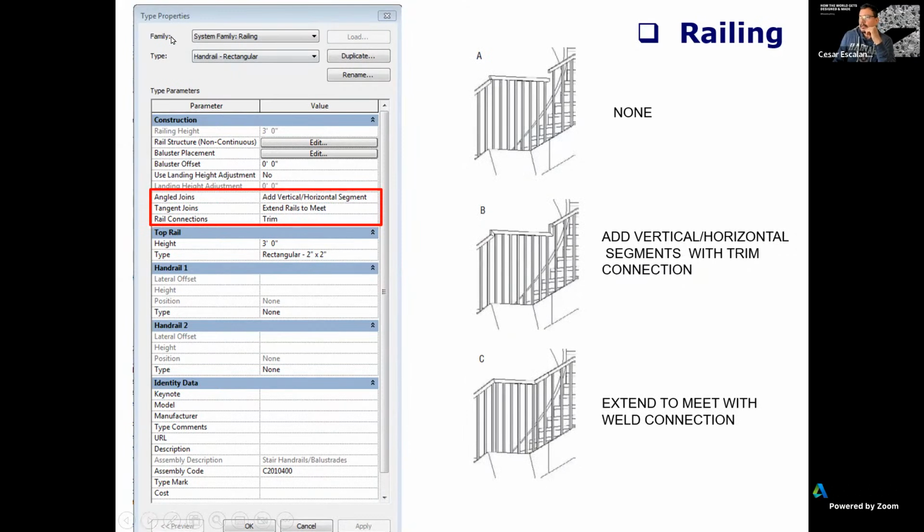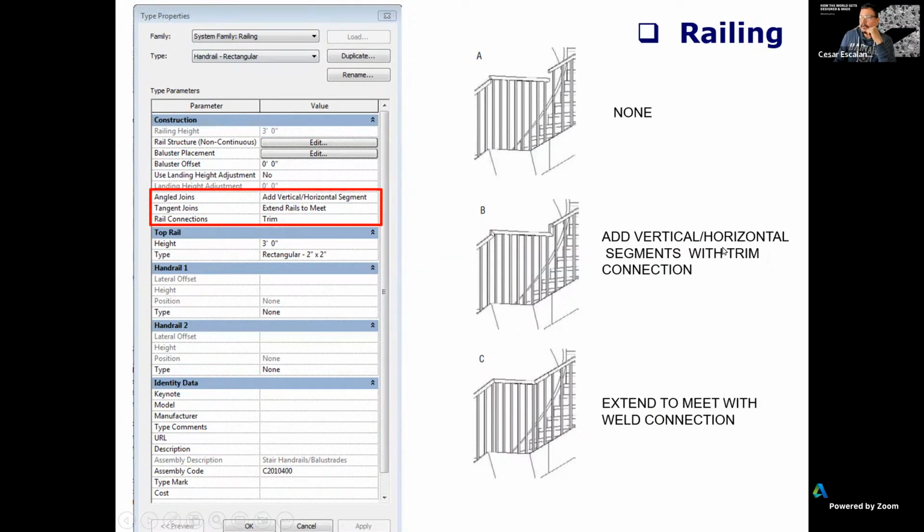This is other types of railing properties. Angle joins means in a single flight, you can have no connections between the vertical change of direction, not the horizontal one.